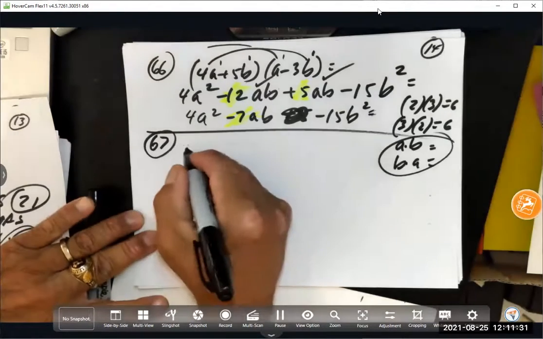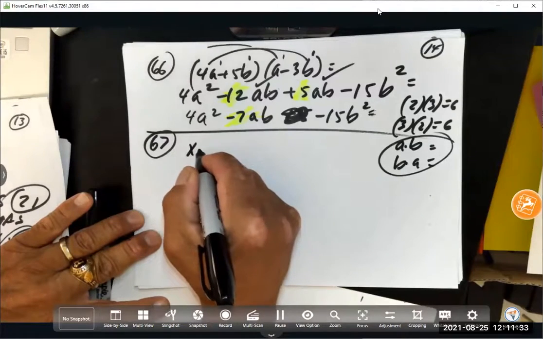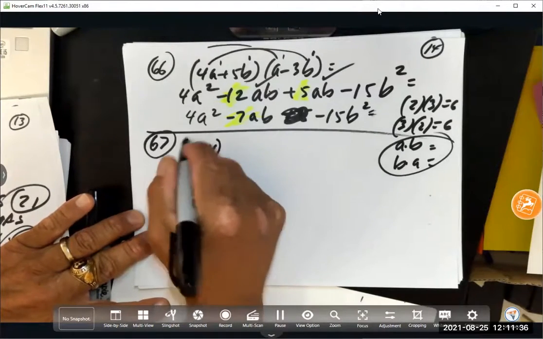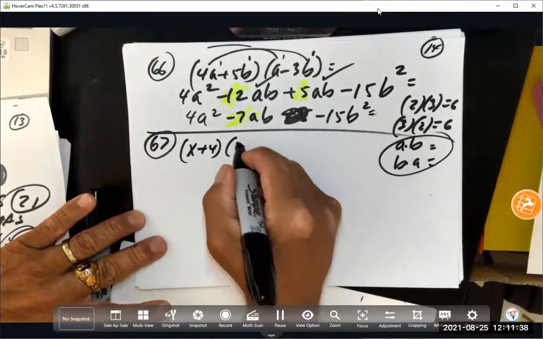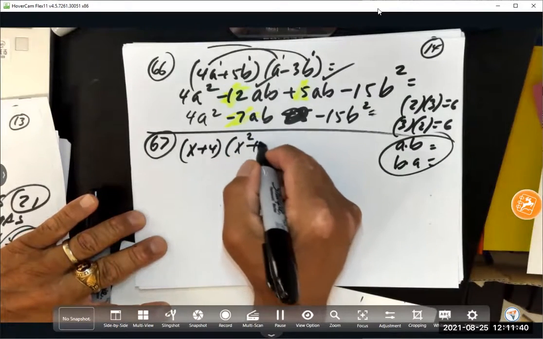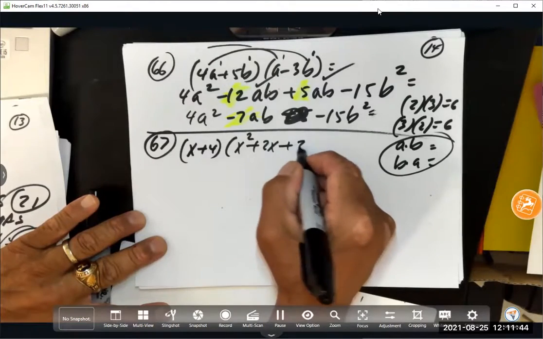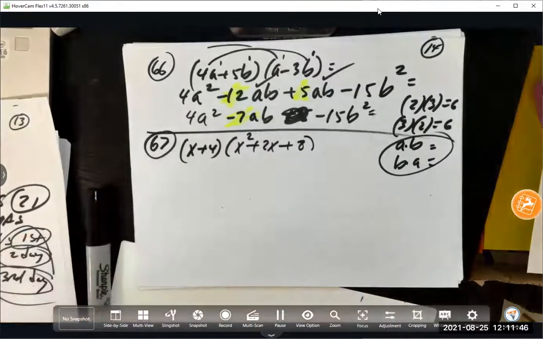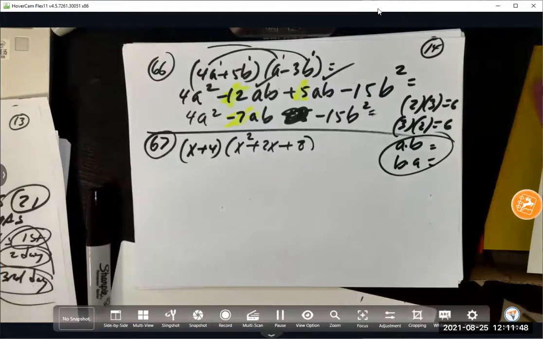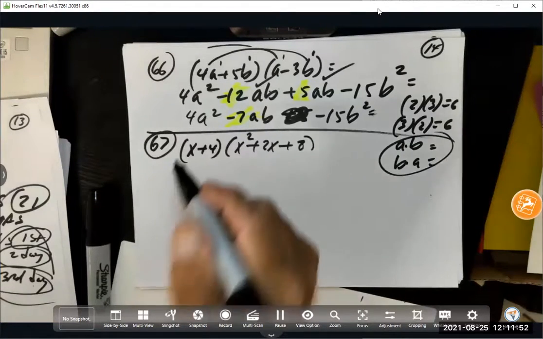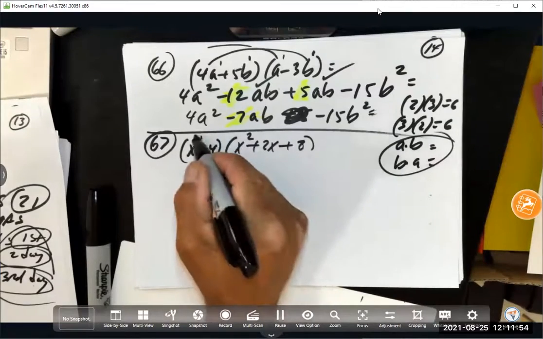67 says x plus 4 times x squared plus 2x plus 8. Okay, this one's a 2 by 3. We did 2 by 3s and 3 by 3s earlier, but let's do 2 by 3 again. Ready? So this is a 1. X1, X2.